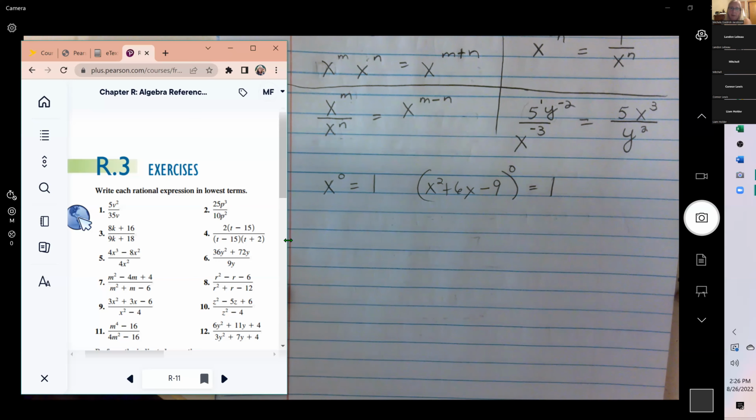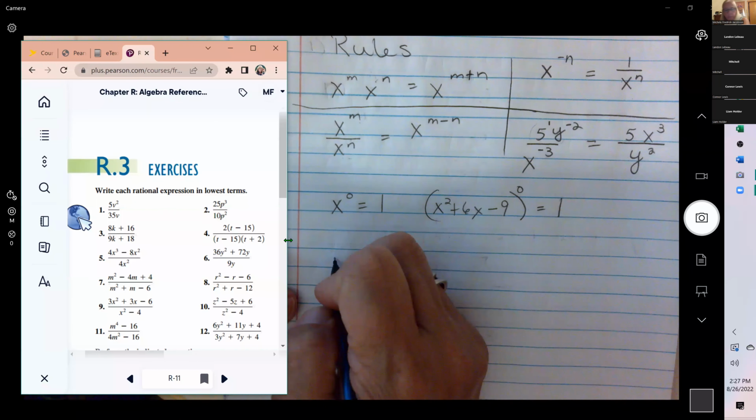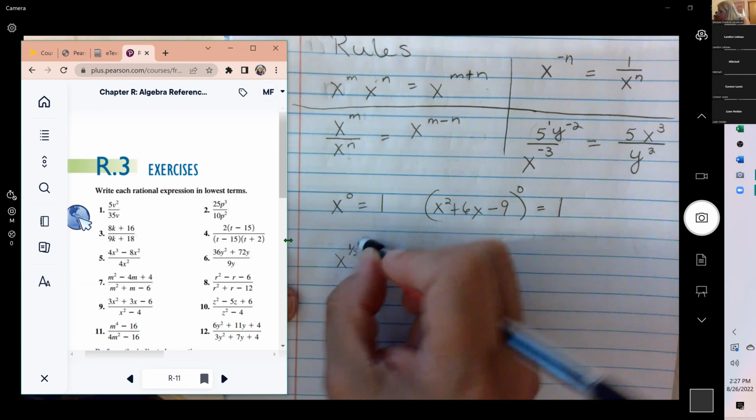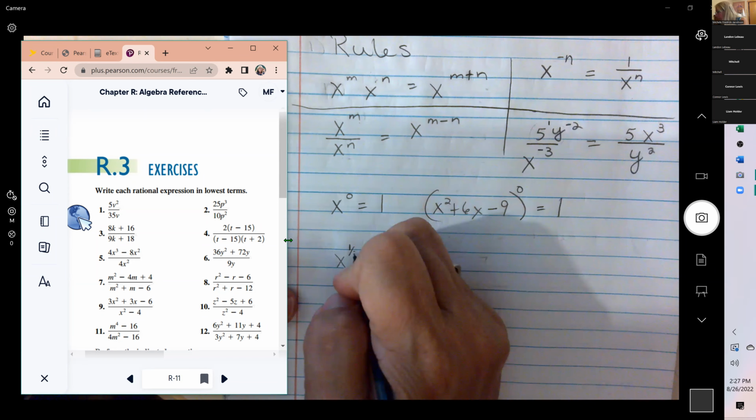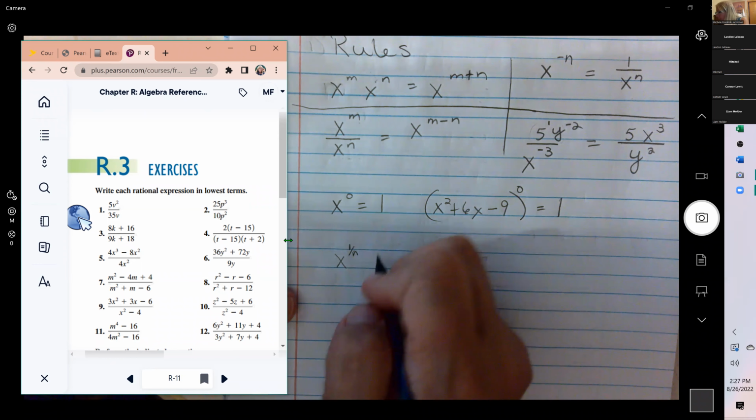Let me give you the radical rules too, so you have them all together. A fractional exponent, this n in the denominator, that's a radical.